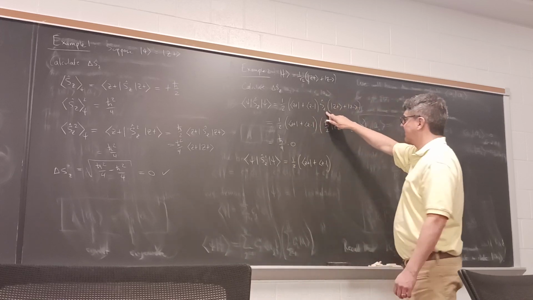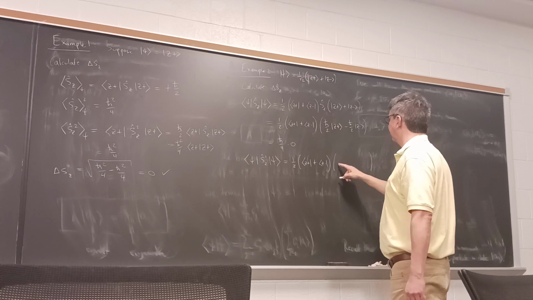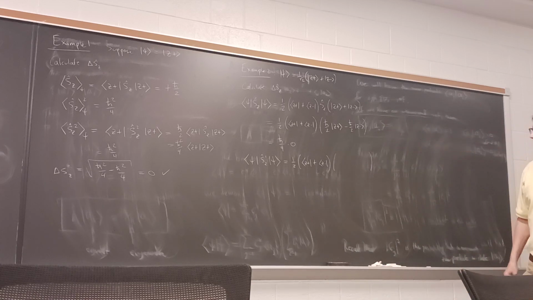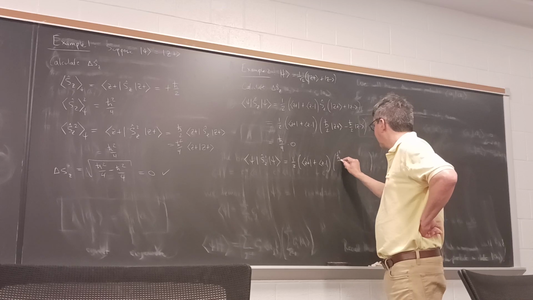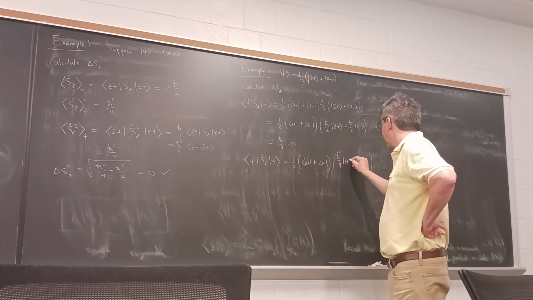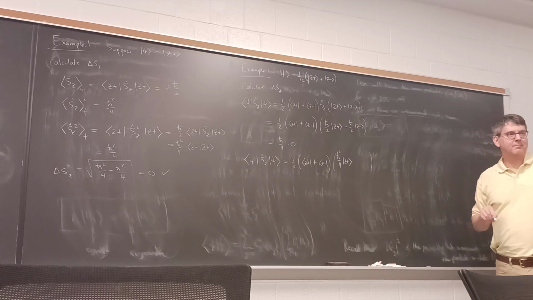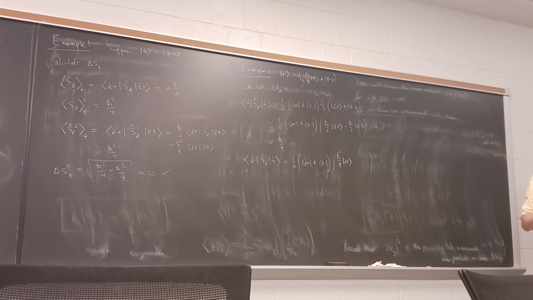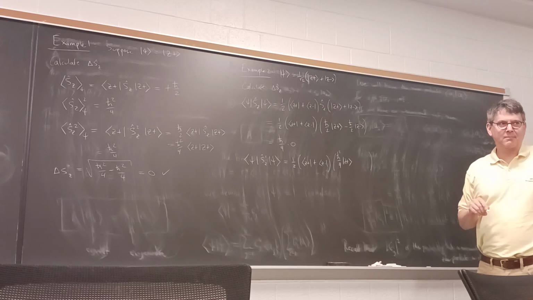And now we'll have an SZ squared here, so what am I going to have in parentheses here? h bar squared over 4. And what's the second term? h bar squared over 4, because it gets multiplied twice, like 2 negatives.